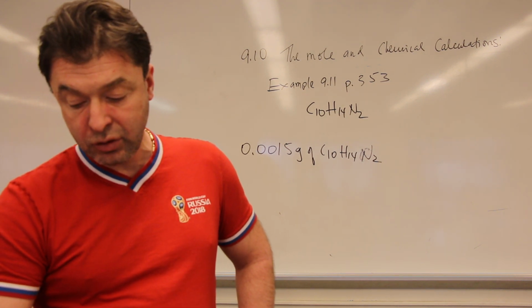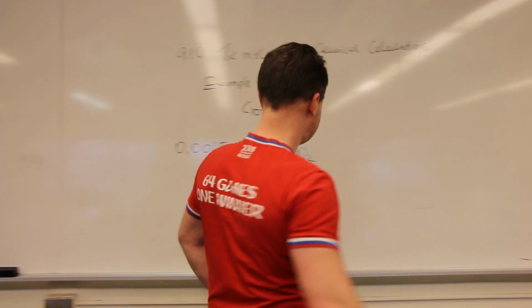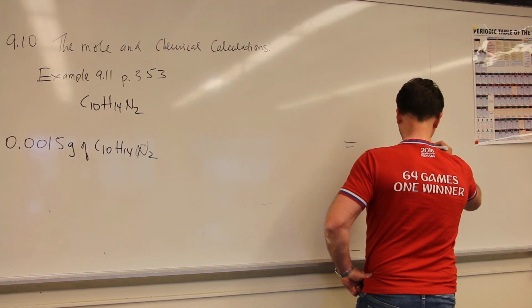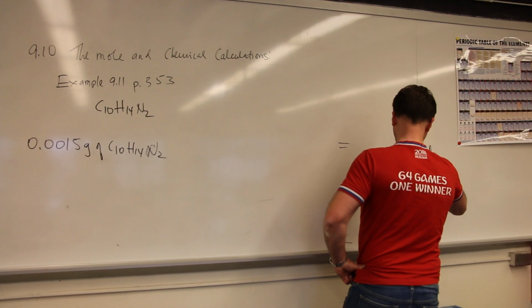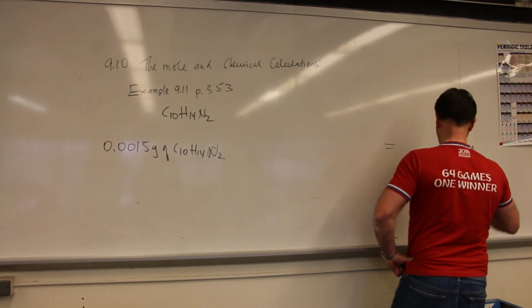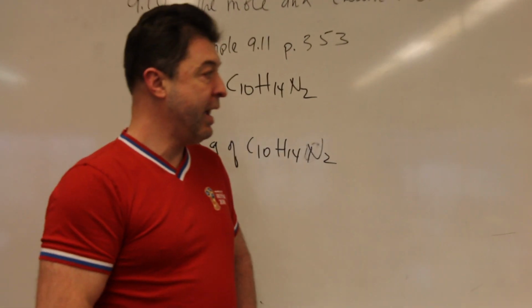I go back to the problem and it asks how many nicotine molecules are present. So I know what I need now: units of molecules of nicotine, C10H14N2. Okay, so how do we handle this now?